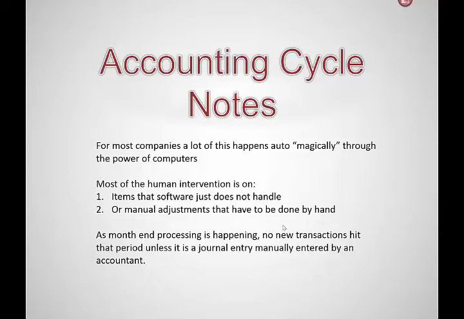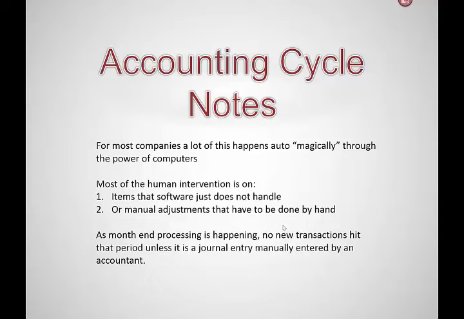And I have yet to see a software program that will actually clear that out for you. Accountants actually have to do that manually. And there are just manual adjustments that have to be done by hand. And sometimes software does not handle things like depreciation expense being done automatically, and so you'll have to do those by hand.